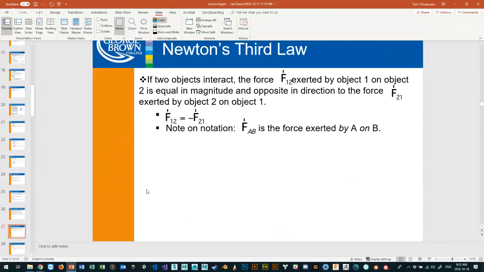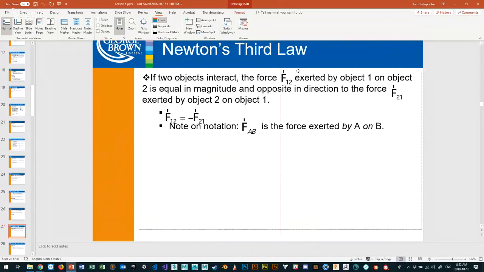So Newton's third law. Newton's third law says that, basically, this is weird. I don't know why it's all skewed here, but let's see if I can move this around. It's skewed, right? So we have this force F12 exerted by object 1 on object 2, which is equal in magnitude and opposite in direction to the force F21 exerted by object 2 on object 1.